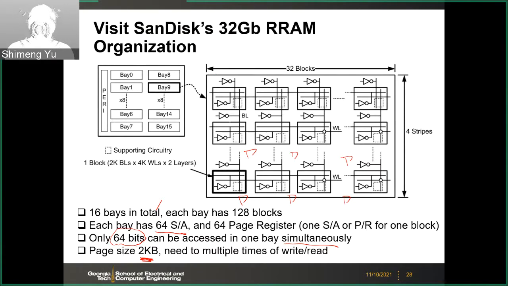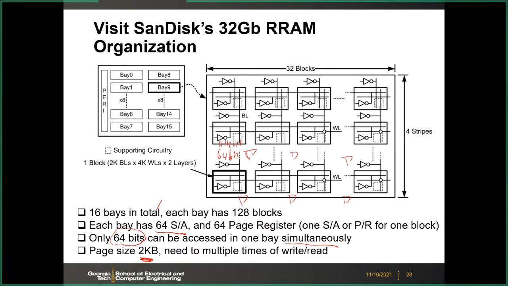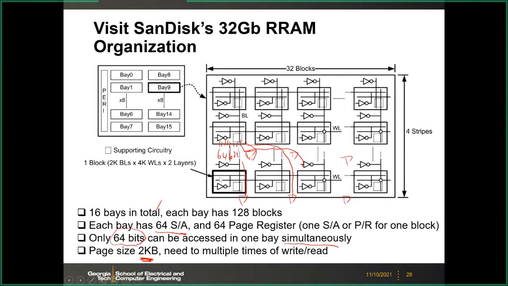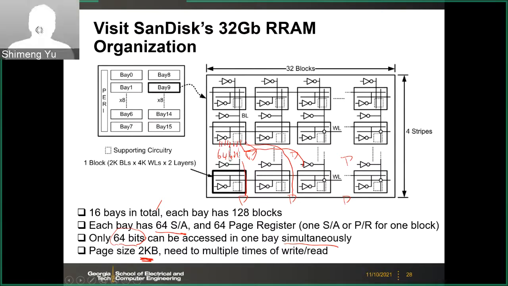And even if you activate one block, you want to get 64 bits, you have to borrow the sense amplifier from other arrays. So this is one limitation of the design.